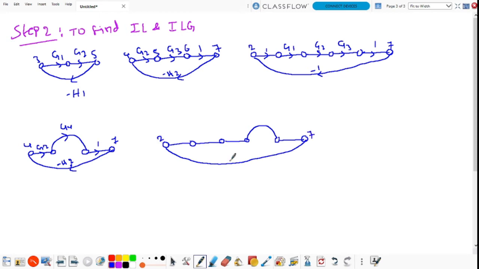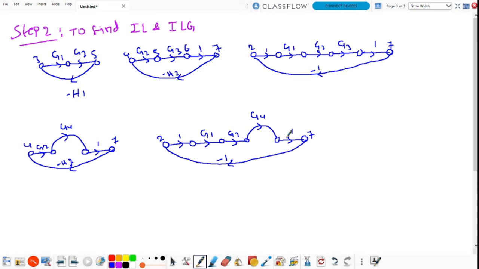This is unity negative feedback, minus 1. 2 to 3, the gain is 1. 3 to 4, the gain is G1. 4 to 5, the gain is G2. 5 to 6, the gain is G4, and the last gain is 1. These are the individual loops from the signal flow graph.